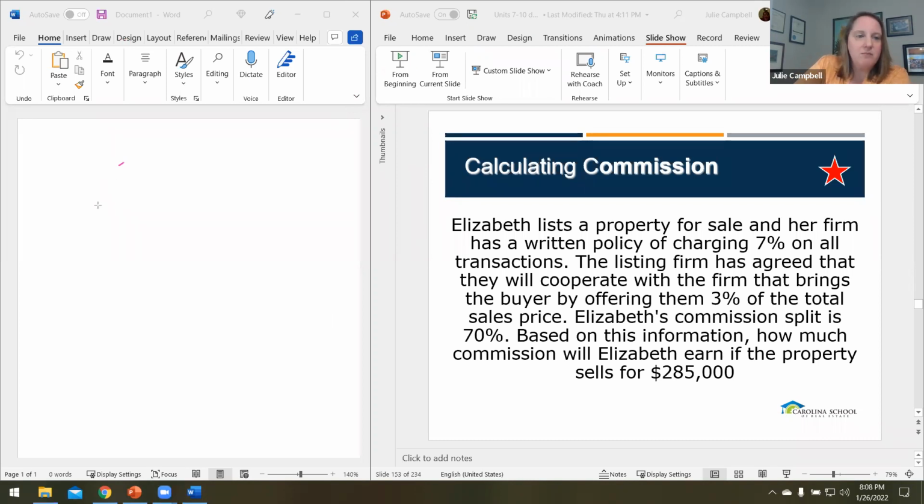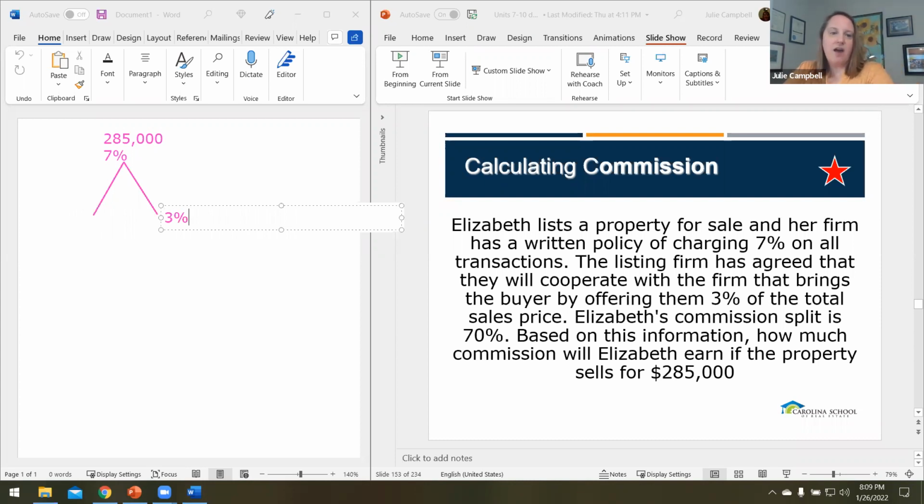So if we look at our commission map, at the top, we have our sales price of $285. I know my total commission is 7%. The side bringing the buyer gets 3%.